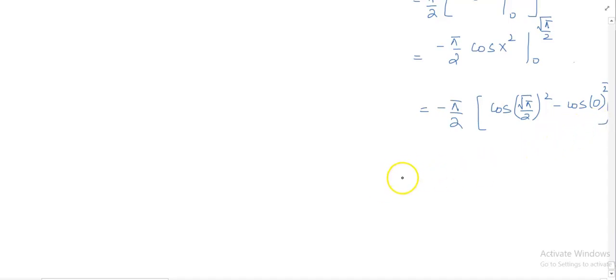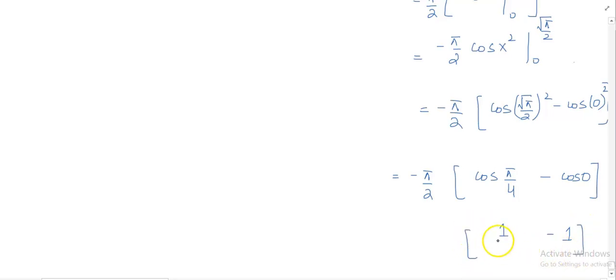So I end up getting negative pi over 2 times cos pi over 4 minus cos of 0. Now cos of 0 is 1, and cos pi by 4 is 1 divided by square root of 2, and then I have negative pi by 2 outside of it.